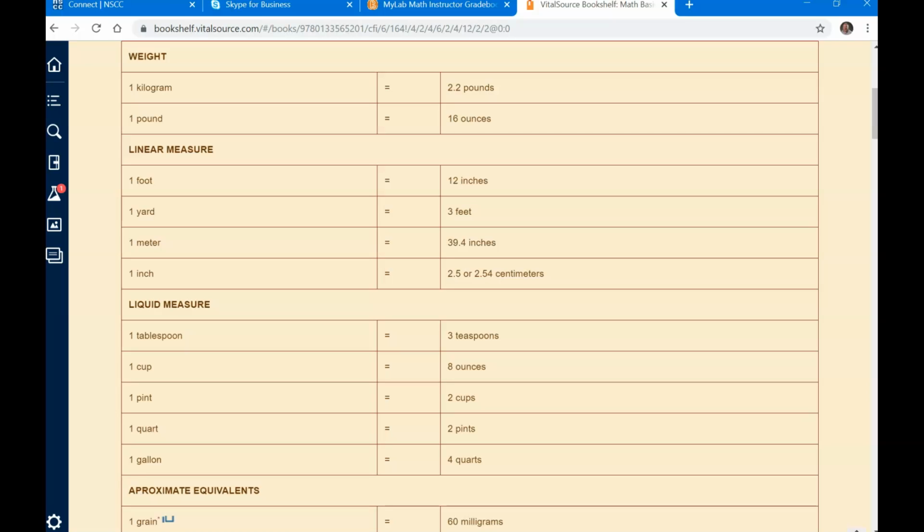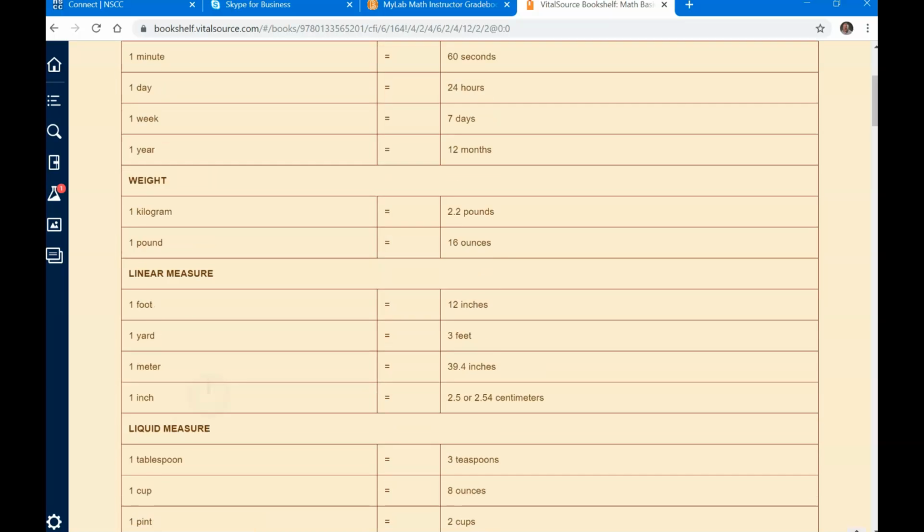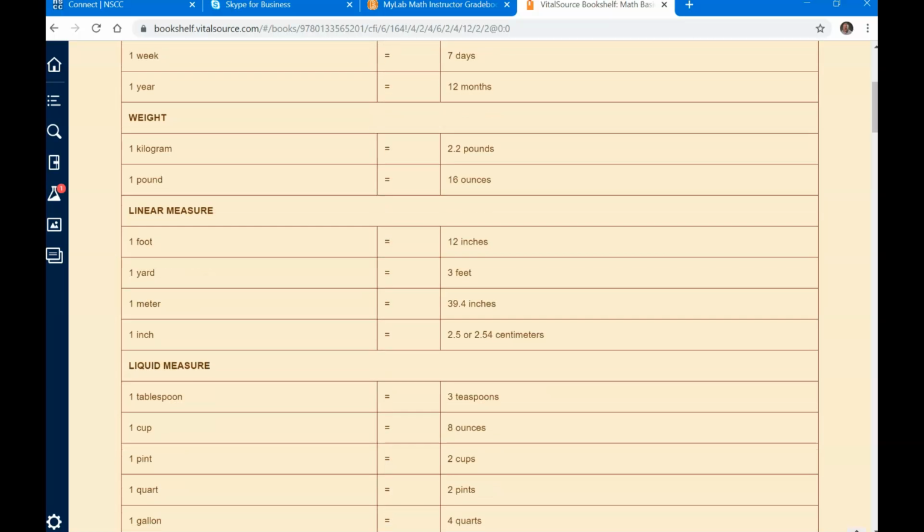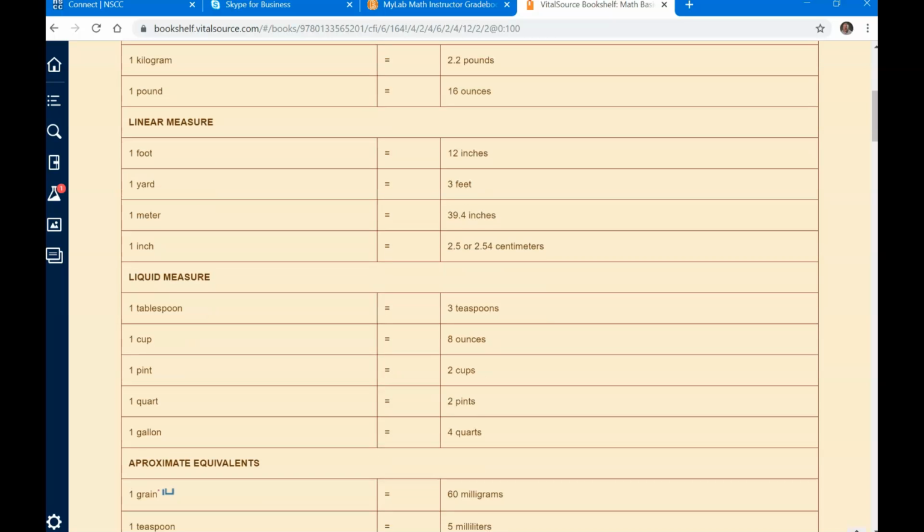We have inches and centimeters. Oh no, they're stuck. Can't do it. Is there a way to do it?